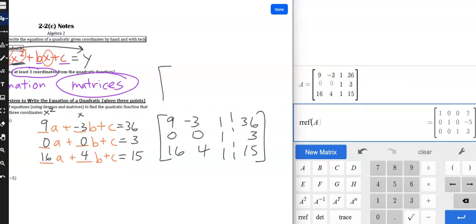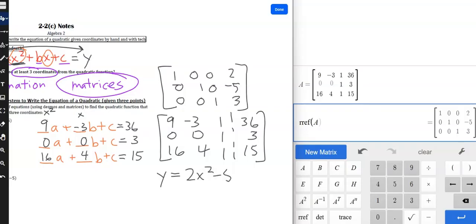So, obviously my matrix is 1, 0, 0, 2, 0, 1, 0, -5, and 0, 0, 1, 3. Now, you need to know that tells me I have y equals 2x squared minus 5x plus 3. We found the A, we found the B, we found the C. We let the calculator do the work.